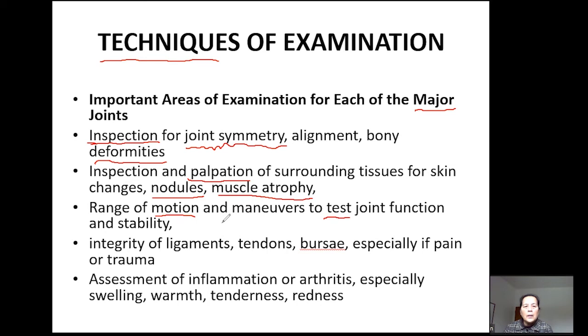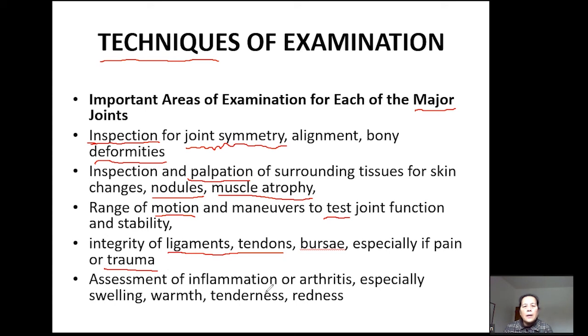And around the joints, we have ligaments and tendons. We look for whether something is wrong with them, or maybe some injury or trauma around the joints, especially in people coming for joint pain.